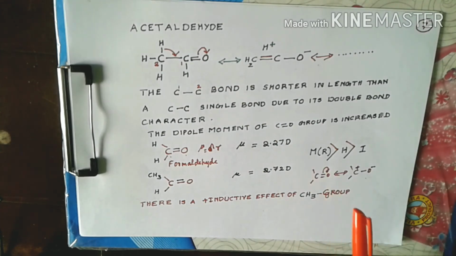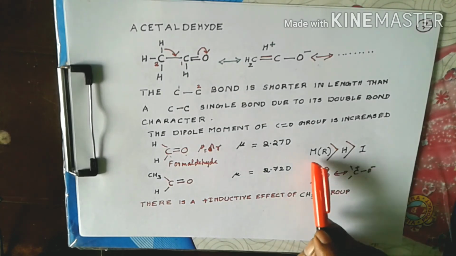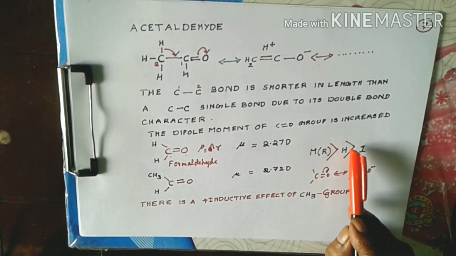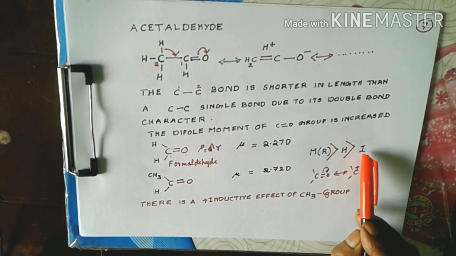And we must remember that the magnitude of the mesomeric or resonance effect is greater than that of hyperconjugation, which is greater than that of the inductive effect.